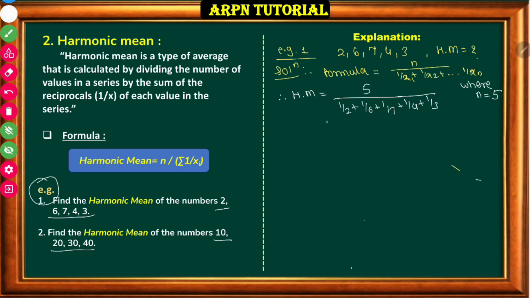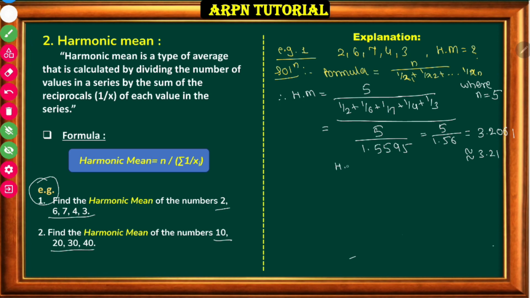If you calculate this part, you will get the total value as 5 upon 1.5595, and the value of it is 3.2061, which I can approximate to 3.21.